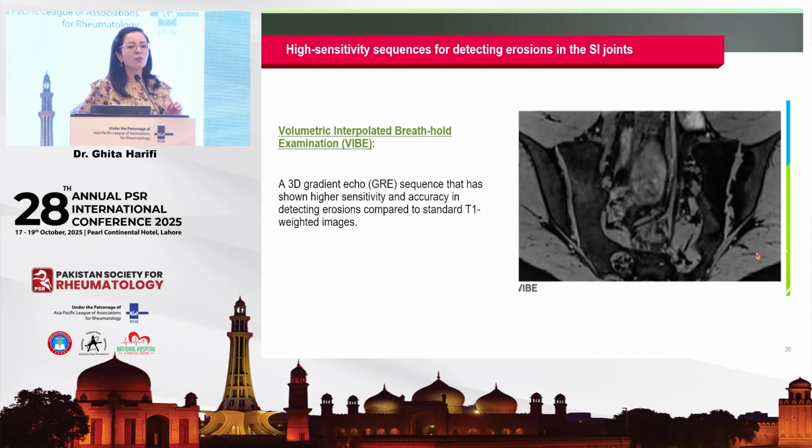Now, conventional MR imaging might be limited in detecting erosions, and that's the reason why, since 2017, 2018, there has been an effort to come up with new sequences which are more sensitive to show erosions.